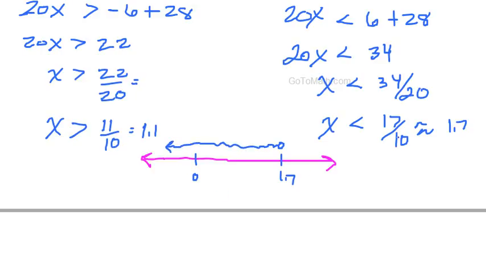Now this one, x is greater than 1.1. We'll put it right here. So this is 1.1. X is greater than that, so everything goes off in that direction.